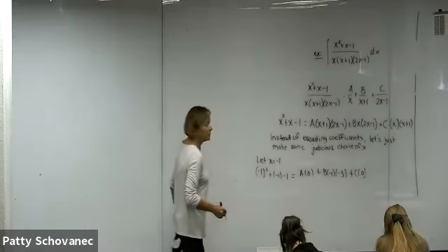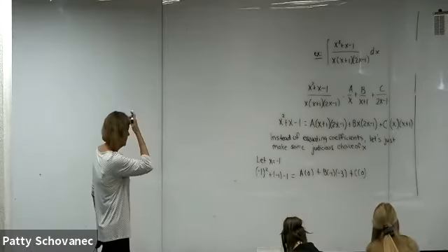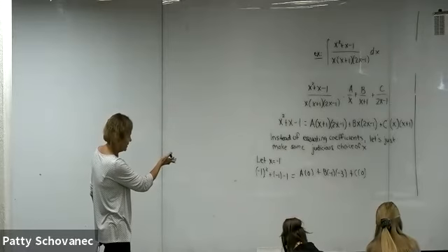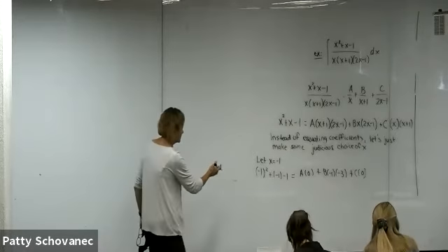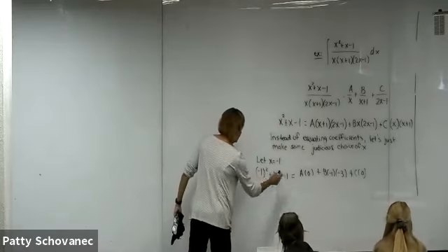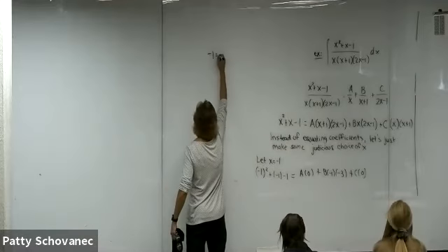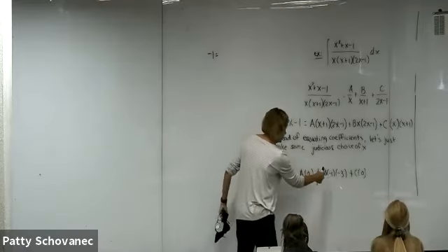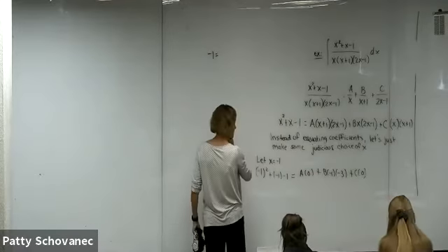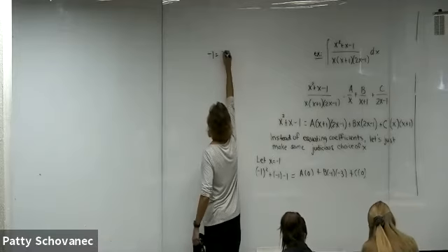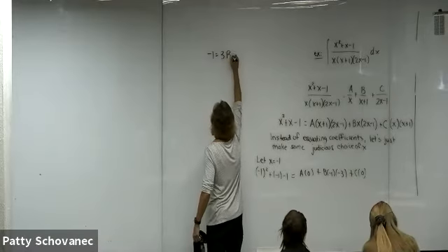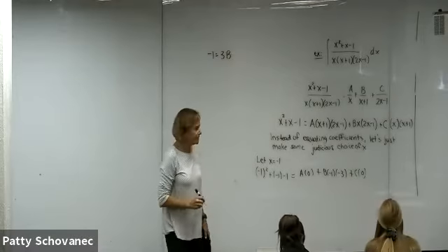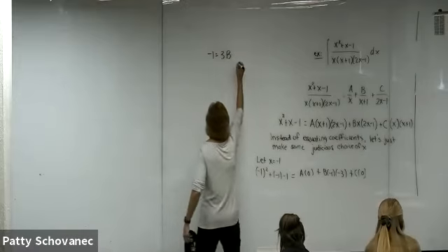So it's going to give me B. On the left-hand side, I'm going to get -1. On the right-hand side, I'm going to get 3 times B, because 3 times 1 is 3. So B is -1/3.